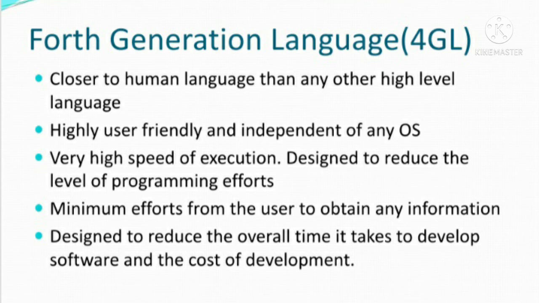It is used in fourth generation computers, has very high speed of execution, and is mainly designed to reduce the level of programming effort, which means it takes less time to develop software, as it is a human friendly language.